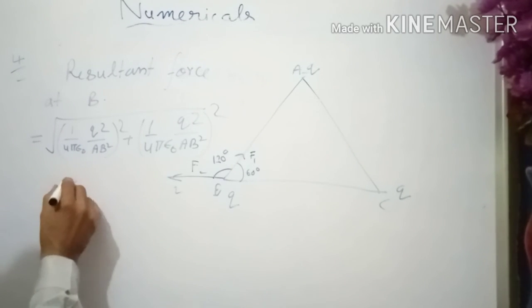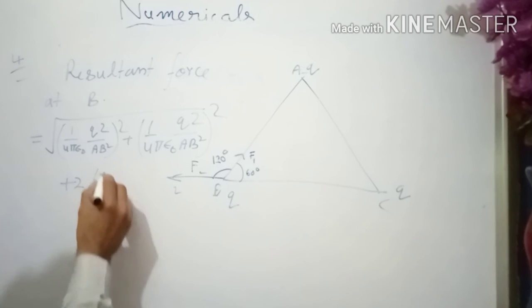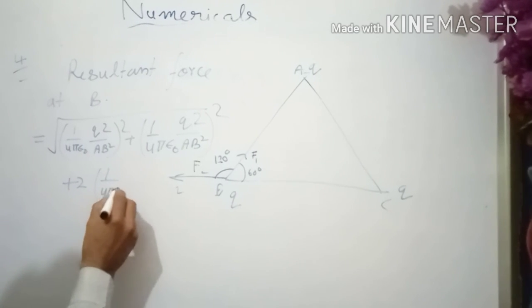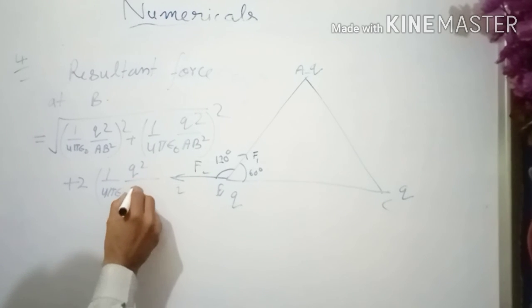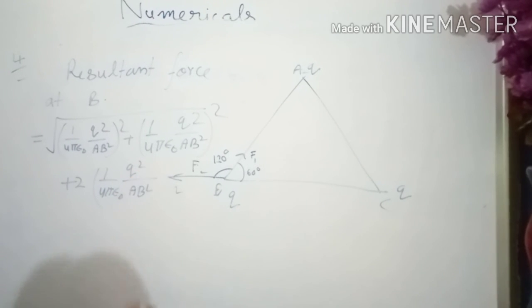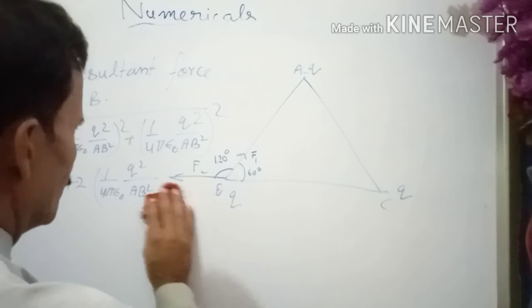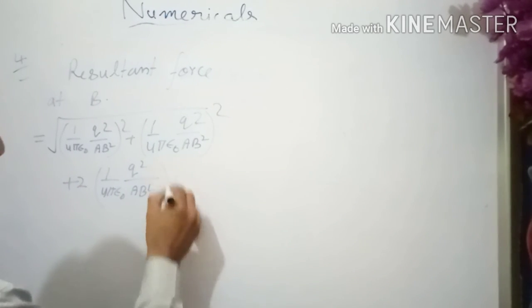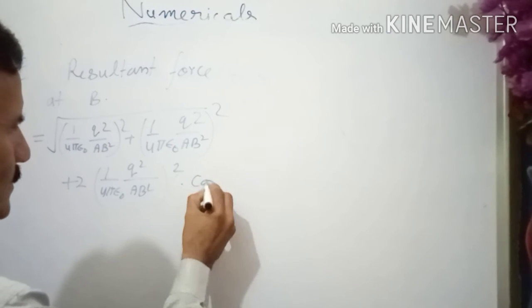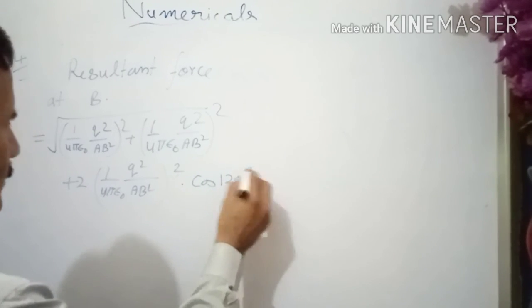So again you are getting the same result as in the previous question, only upon AB square. Since there is P into Q, so you can write here also whole square, and then you are also having cos 120.